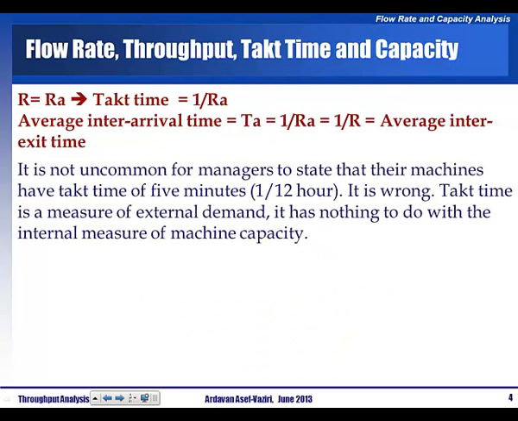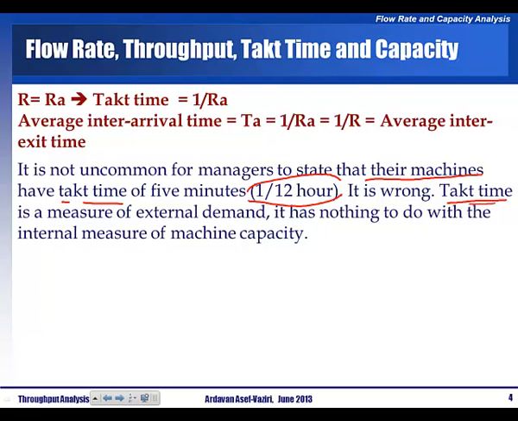One mistake that we usually see is people refer to takt time as an element related to capacity. Some managers say that their machine takt time is 1 over 12 hour.